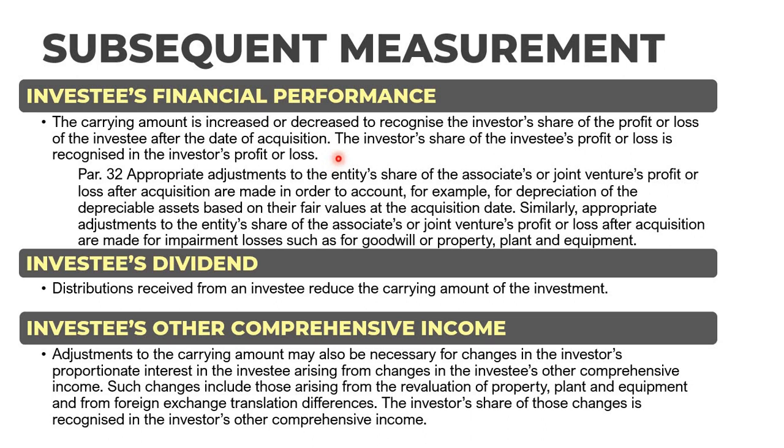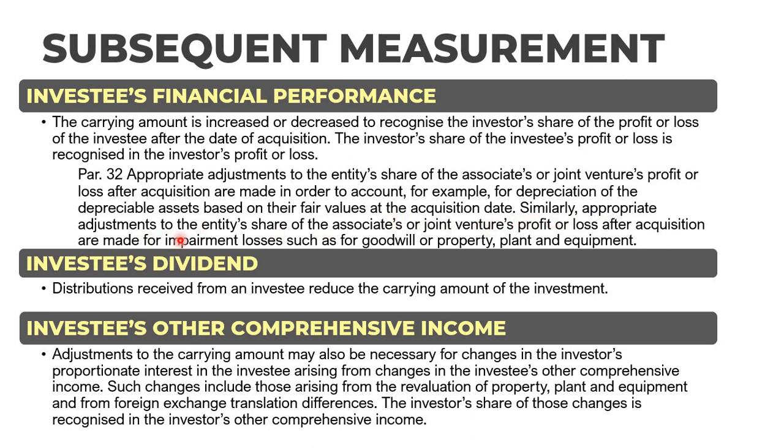Pero, again, yung share natin sa profit ni associate, yun ay based doon sa net income ni associate sa point of view natin. And yung computation ng kanyang net income sa point of view natin is the application of paragraph 32 ng PAS 28 na ang sabi niya, appropriate adjustments to the entity's share of the associate's or joint venture's profit or loss after acquisition are made in order to account for, for example, depreciation of the depreciable assets based on their fair values at the acquisition date.